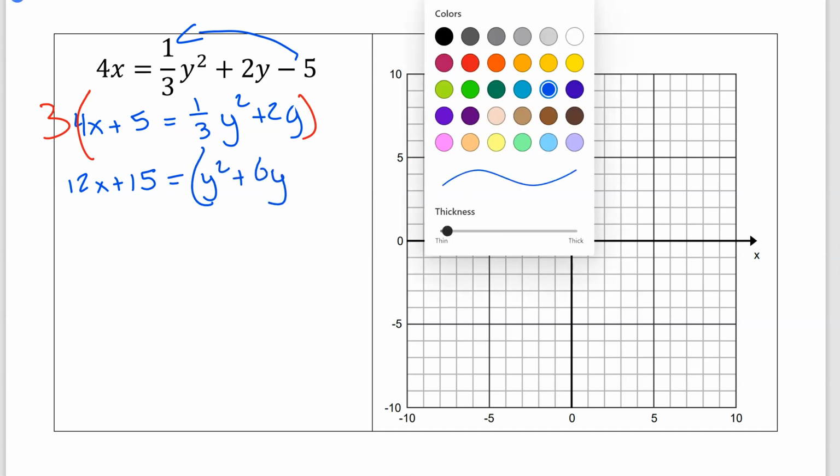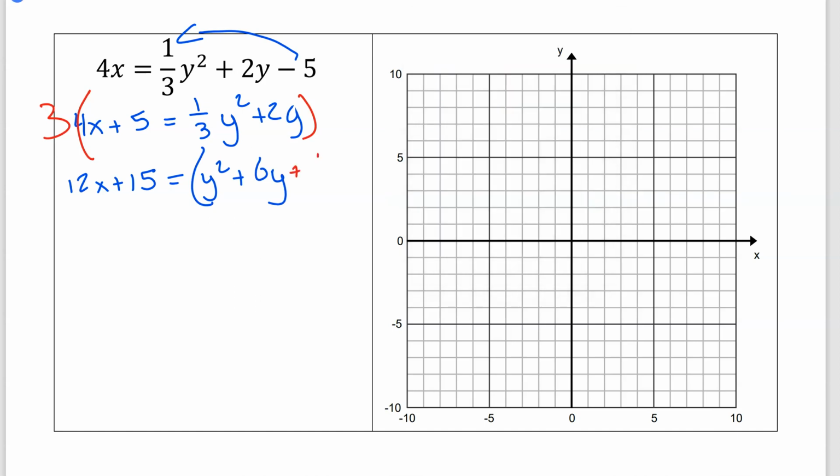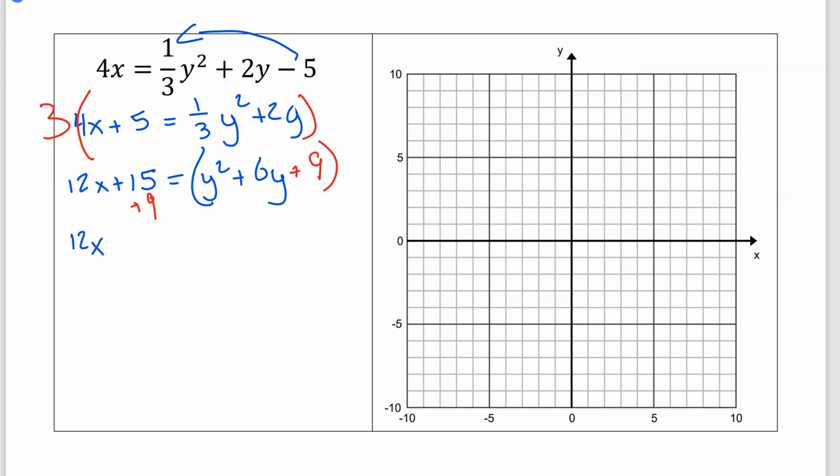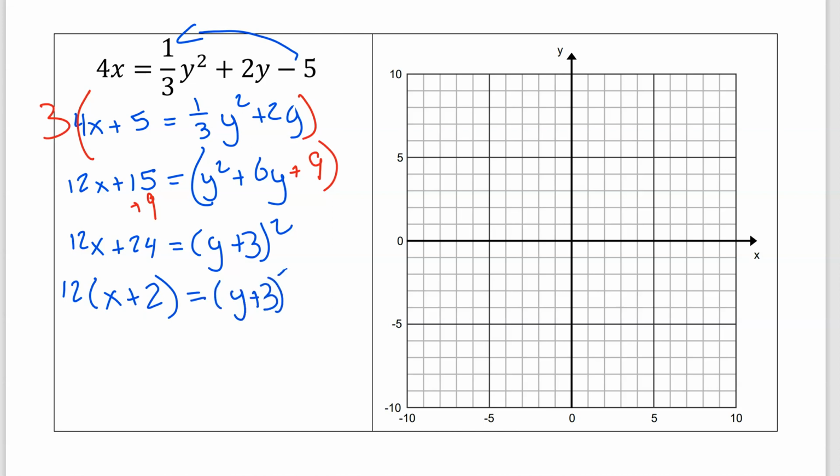And then we will go ahead and complete the square. Factor our 12 out. And then again, remember, this part here has to be 4p. So 4 times, I think 4 times 3 is 12.